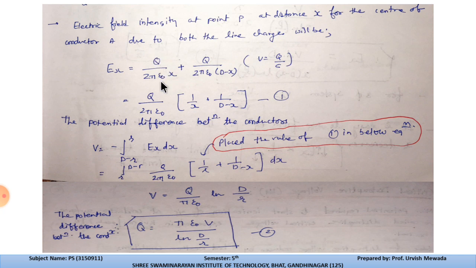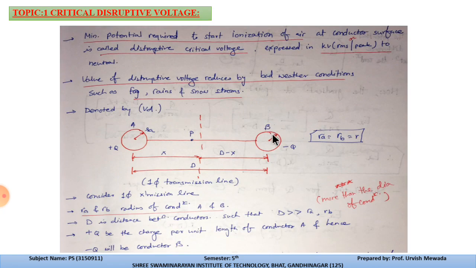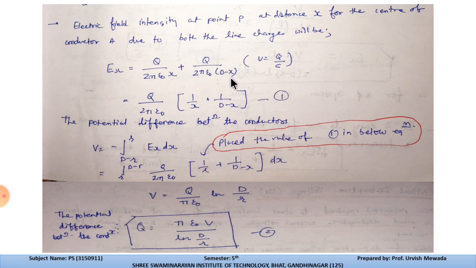So Q by D means Q by permittivity into D. The electric field intensity at point P, at distance x from the center of conductor A, due to both the line charges will be E at x is equal to Q by 2 pi epsilon 0 x, and for the second conductor the distance is d minus x, so Q by 2 pi epsilon 0 (d minus x).